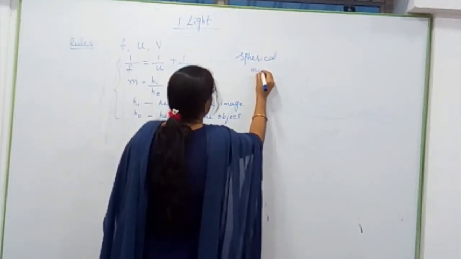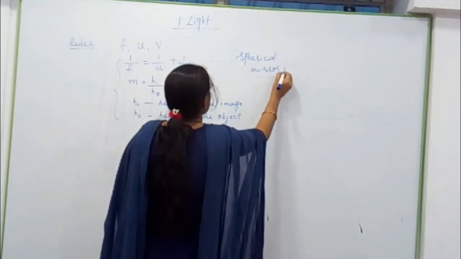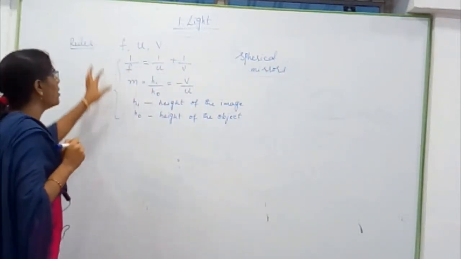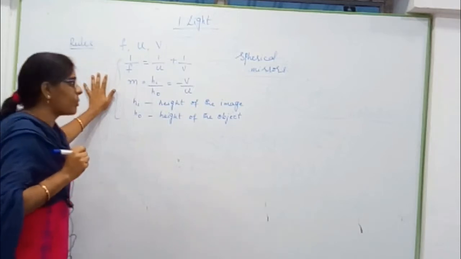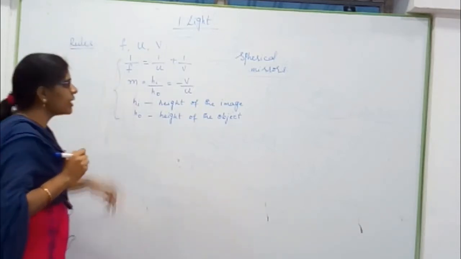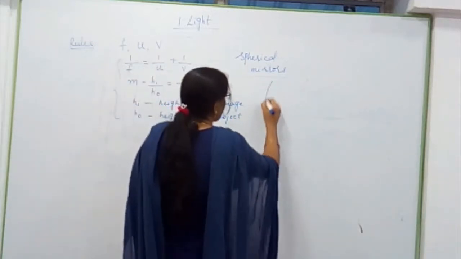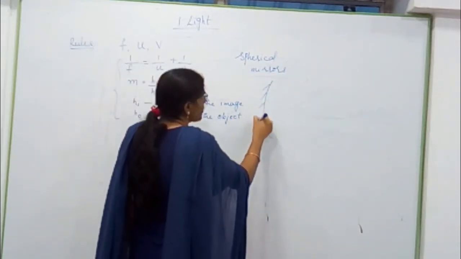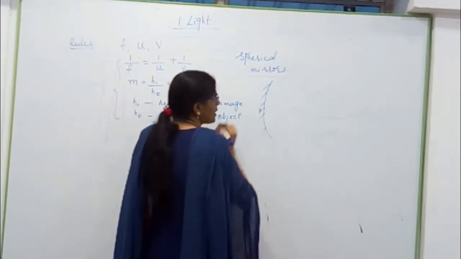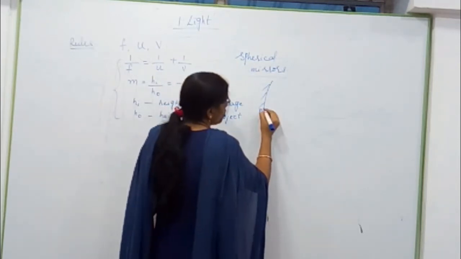Spherical mirrors are two types: concave and convex mirrors. Not only these formulas, you must also know the rules. If there is a concave mirror, the midpoint of the mirror is always the pole.